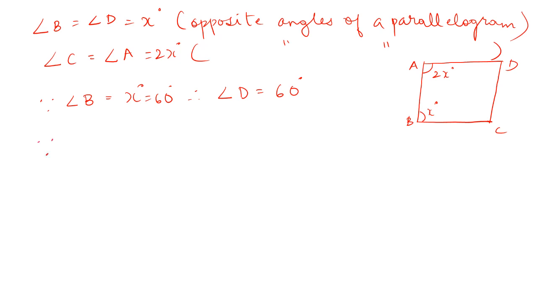Since angle A is equal to 2x degree, which is 2 into 60, that is 120 degree, therefore angle C also would be 120 degree.